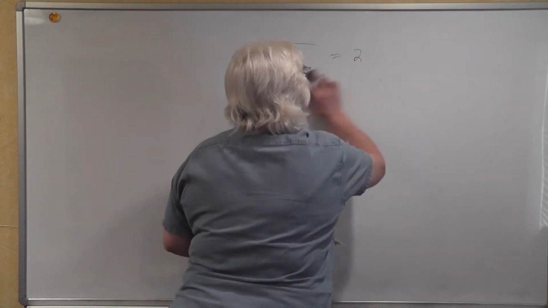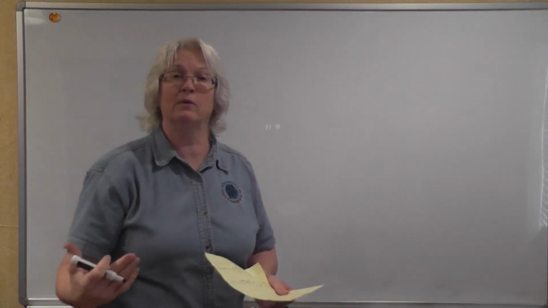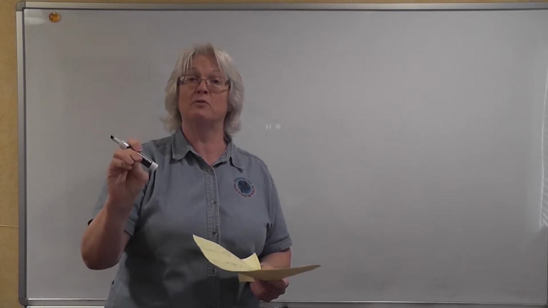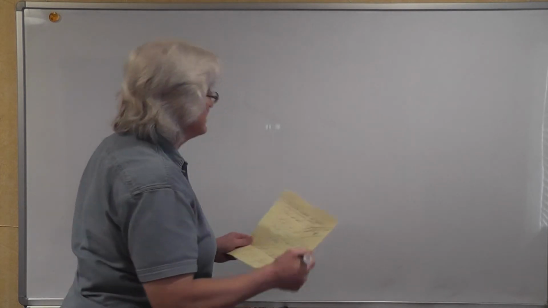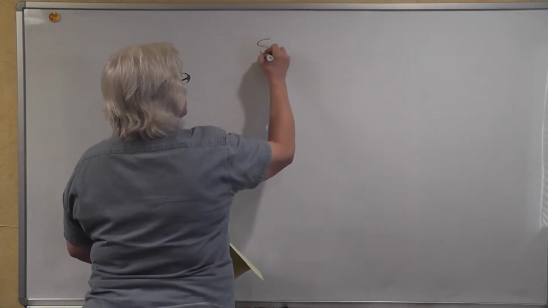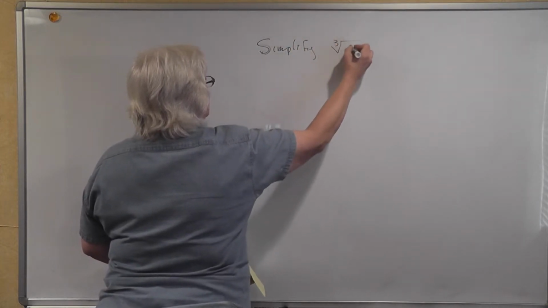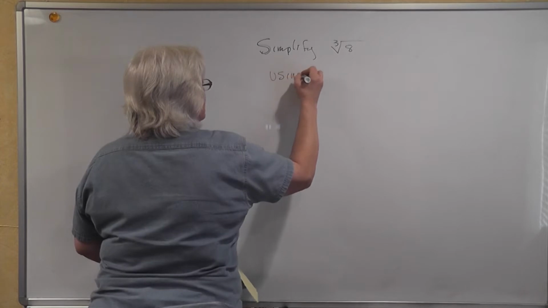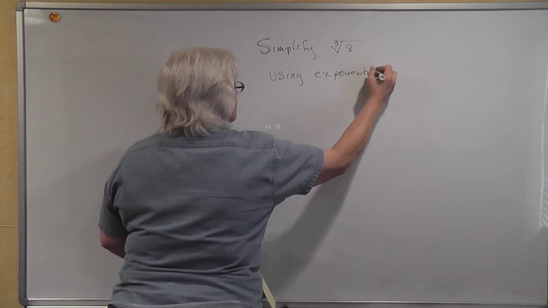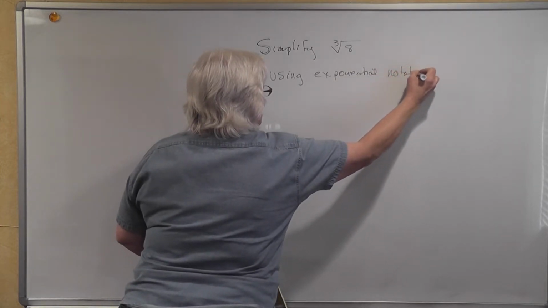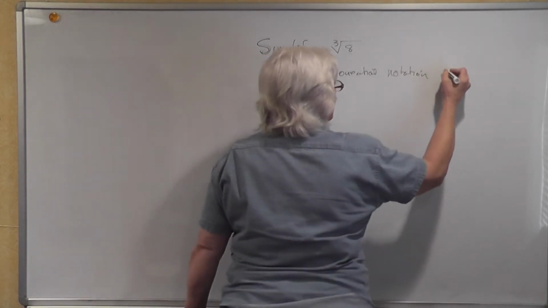Example 3 in your book was asking you to do something very similar to what we did where I simplified the square root of 4 using exponential notation. Let's go ahead and do example 3. It says to simplify the cube root of 8 using exponential notation, and what they're saying here is to use fractional exponents to help you.